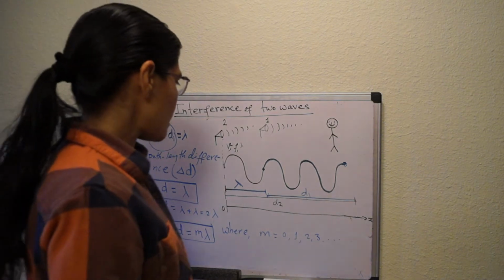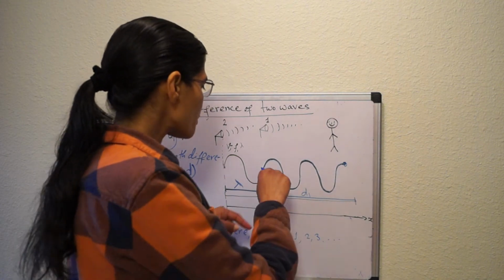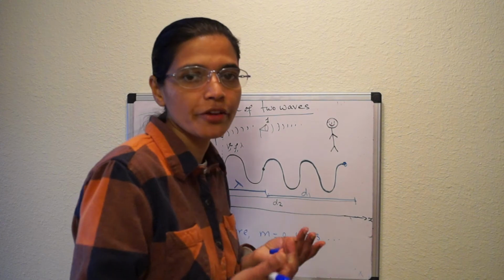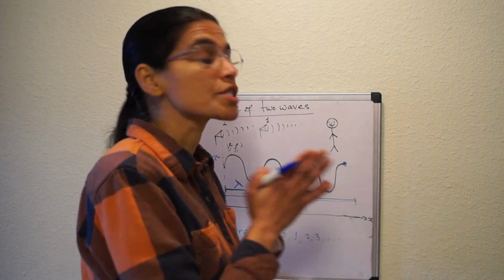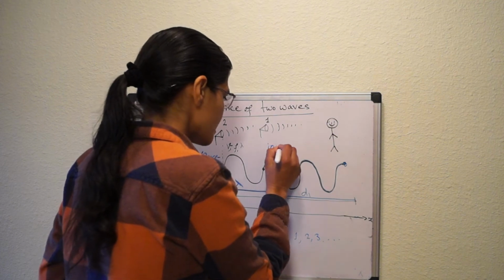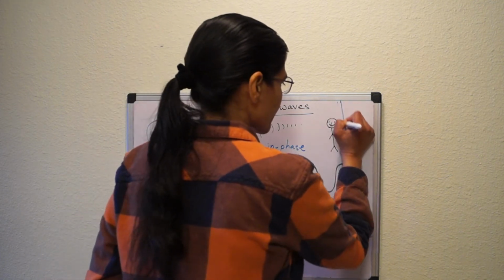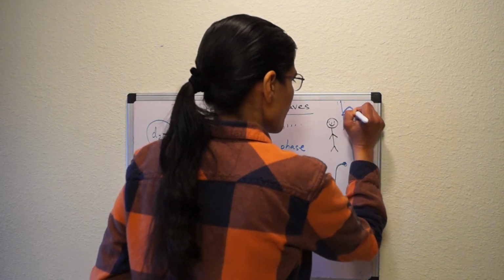One more thing here. So when these waves are moving together, marching together, overlapping and going together, this is called in phase. There is this term called in phase, okay? So here, if I make another one, I have one wave here.